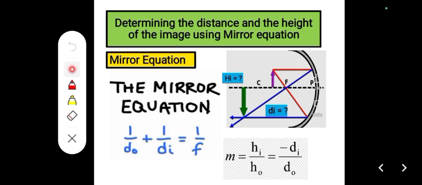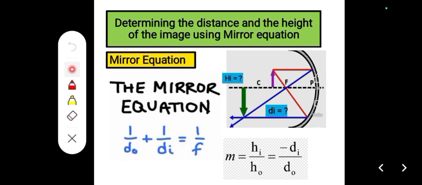You can also use the DI and DO components to get the magnification. From the formula, it is negative DI divided by DO, the distance of the object, which is this length here. Dividing these two can also give you your magnification.